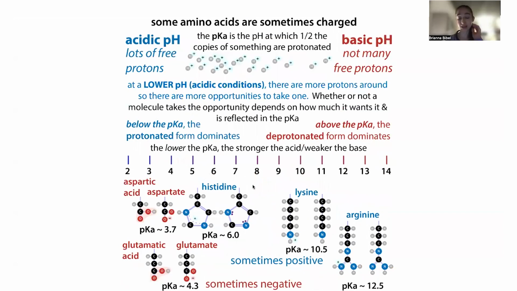So when we're looking at these amino acids like lysine and arginine, they're almost always going to be positively charged in our bodies because we're way above the pKa. With histidine, we're actually a little below the pKa.